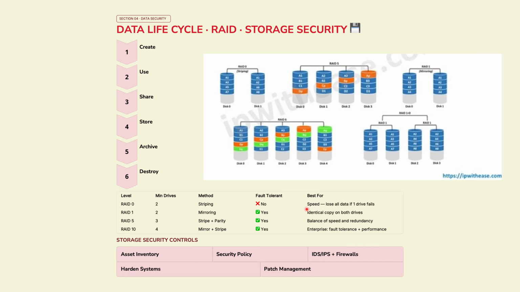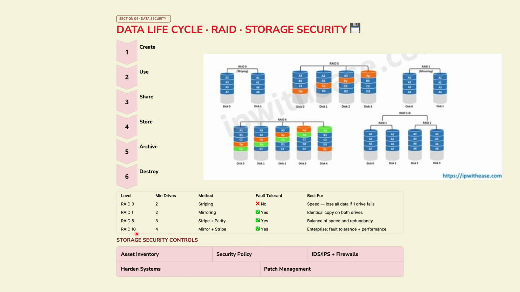One drive fails, forget it, you lose all your data. RAID 1, mirroring, creates identical copies of data across 2 drives. So, you should have 2 drives. RAID 5, striping with parity, distributes parity data across 3 or more drives, balancing speed and redundancy.